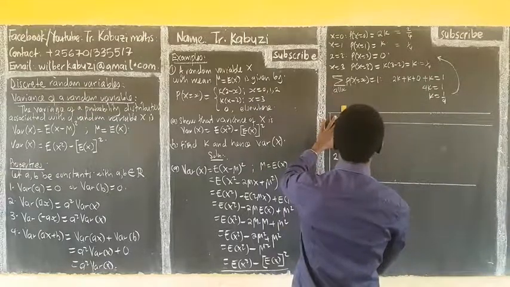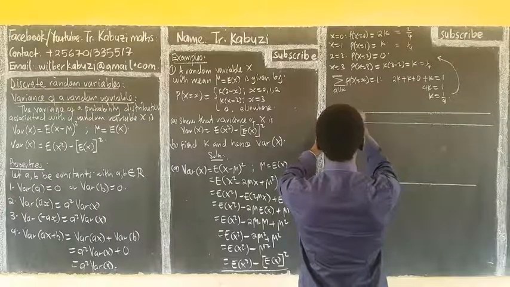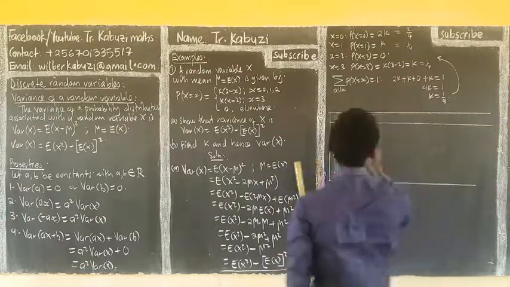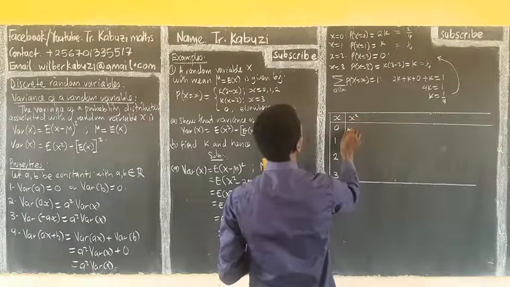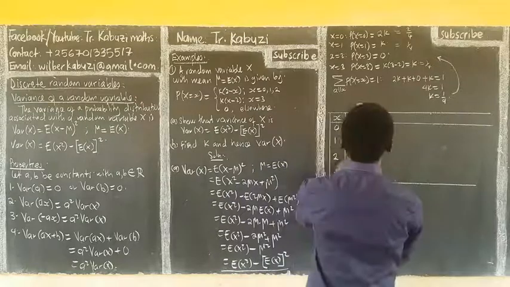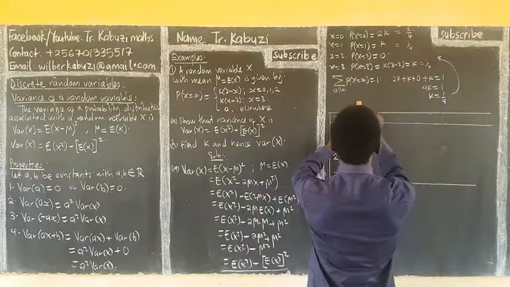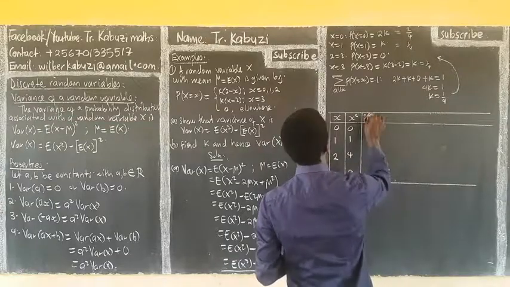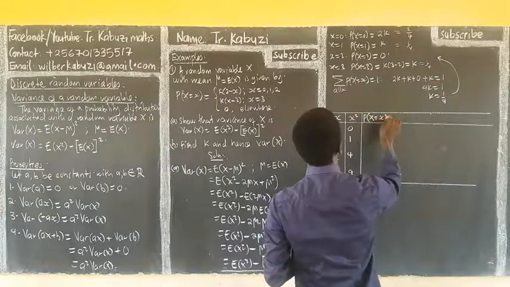I also need x squared. X squared will be 0, 1, 4, then 9. Then I need the probabilities of these variables.